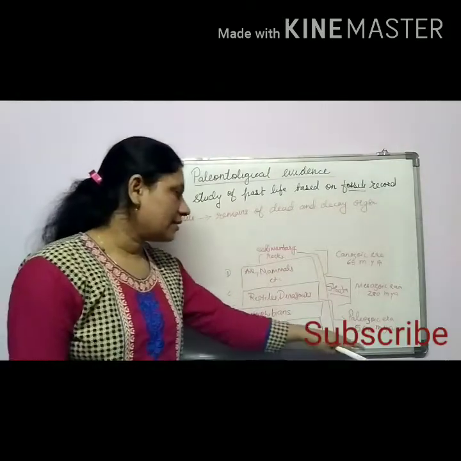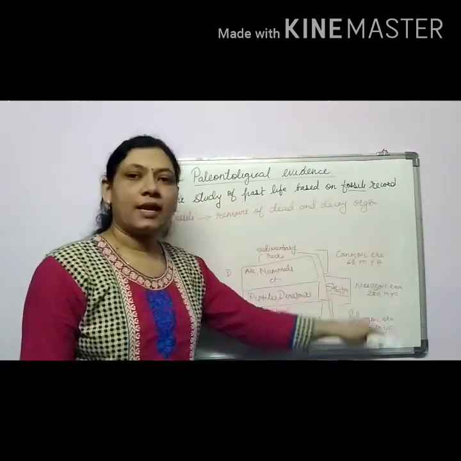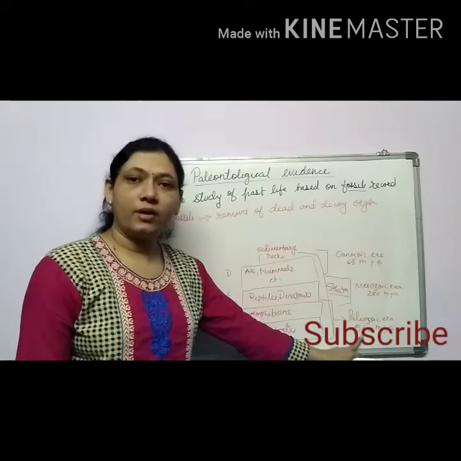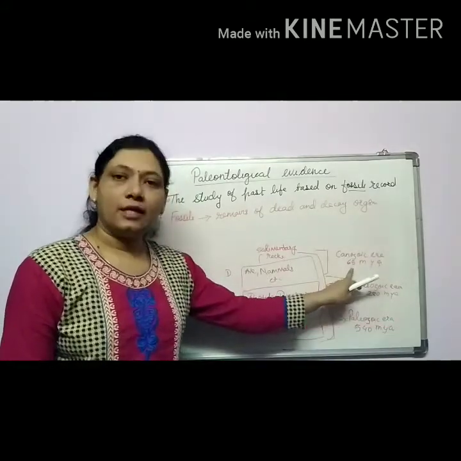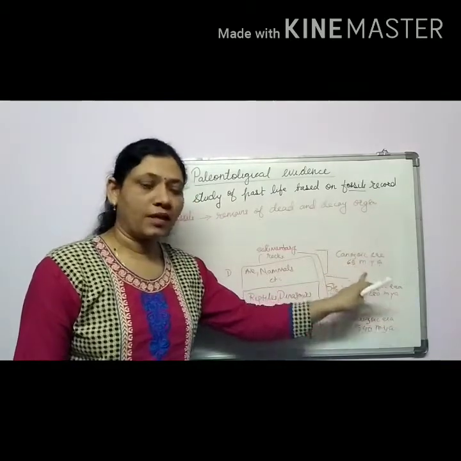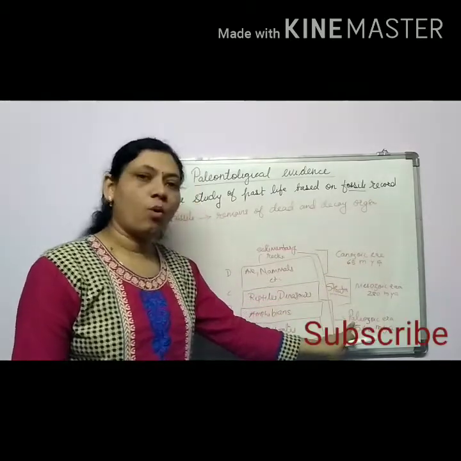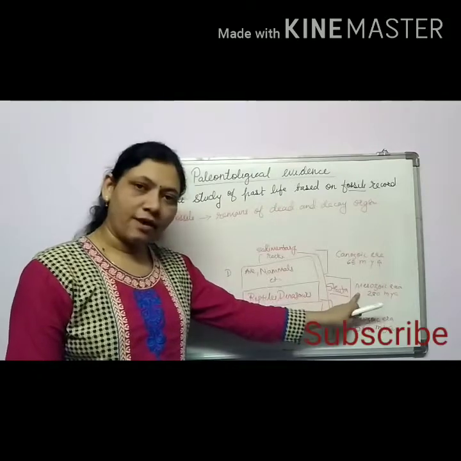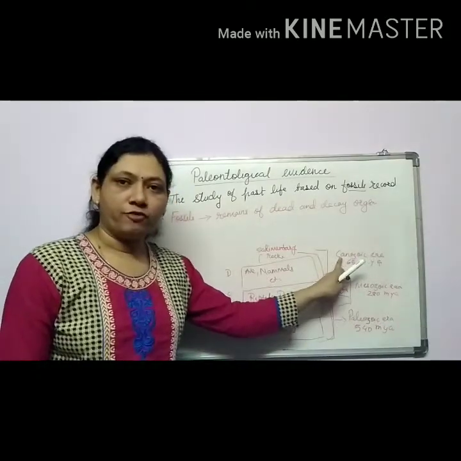So by seeing the digits we can understand this was the oldest one and this was the newest one. What are Paleozoic, Mesozoic and Cenozoic? These mean old life, middle life and new life.